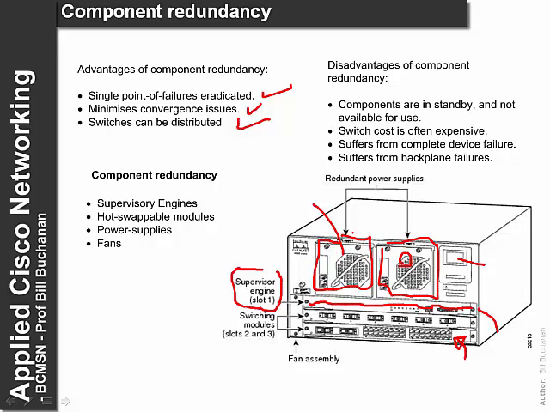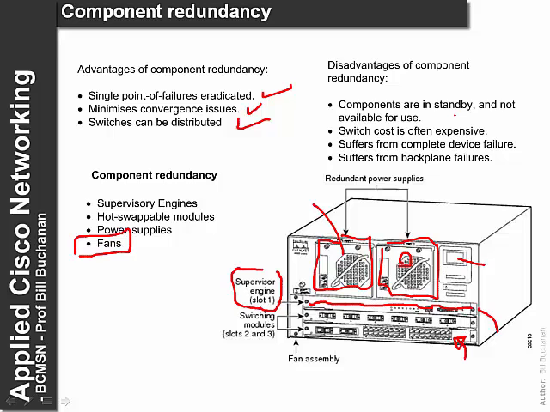And we also have redundant fans, where if a fan fails, then the device might heat up too much and fail, as heat is typically a stress factor for the device. So for this we have multiple fans, so if one fails, another one will kick in.